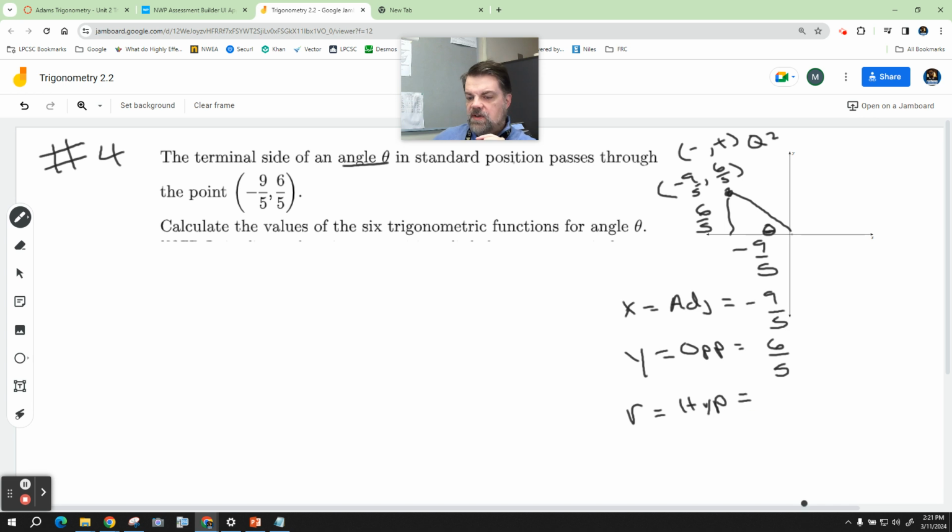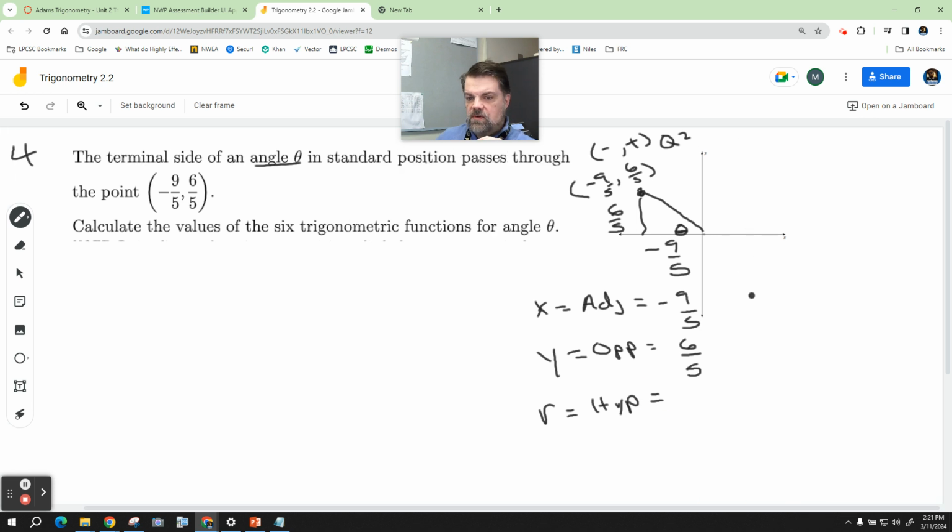But to find r, we've got to use the Pythagorean theorem. So remember that x squared plus y squared is equal to r squared. Well, x is -9/5 squared, y is 6/5 squared, is equal to r squared.